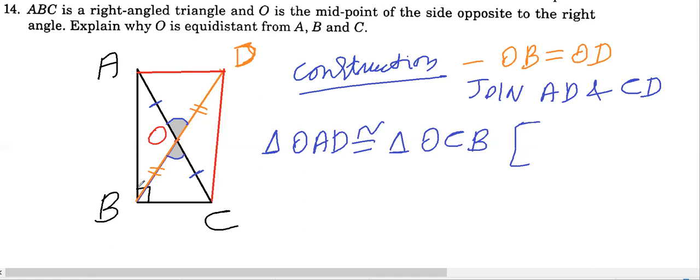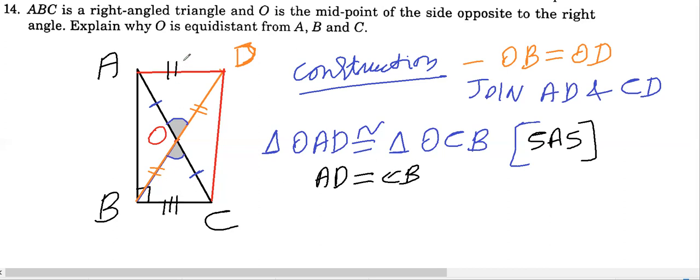Then OB is equal to OD. So I can say by SAS test of congruency, these two triangles are congruent. So I can say that AD is equal to CB. So I have marked this side is equal to this side. That's what I have done.